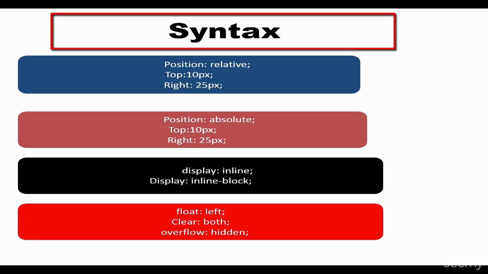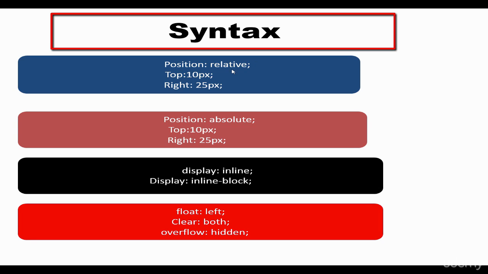When setting the position of an element, there are different values you can use with the position. So if you want the positioning to be relative, you need to specify that first, and then follow it with the properties of top, right, bottom, or left, depending on where you want to apply the positioning.